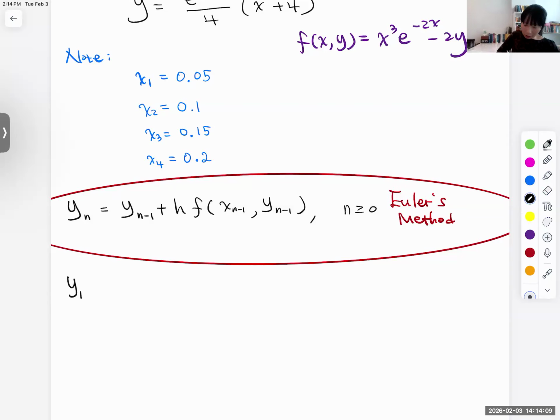So start with that. y sub 1 equals y naught plus the step size times the function of x naught, y naught, right?